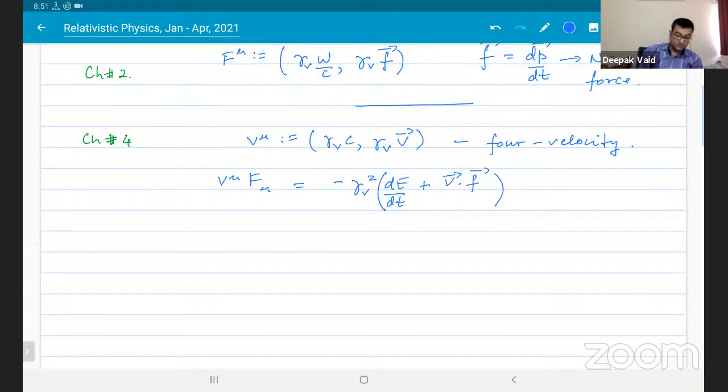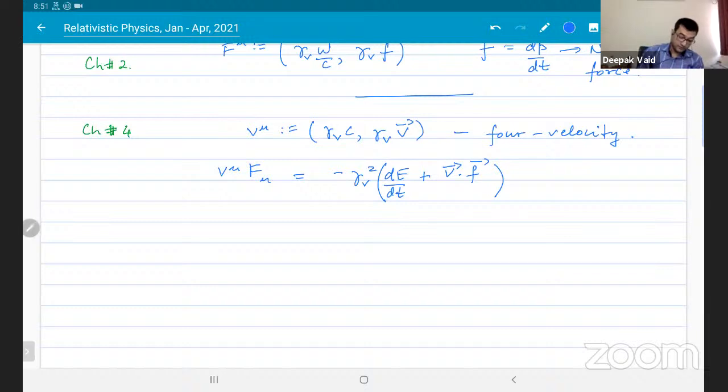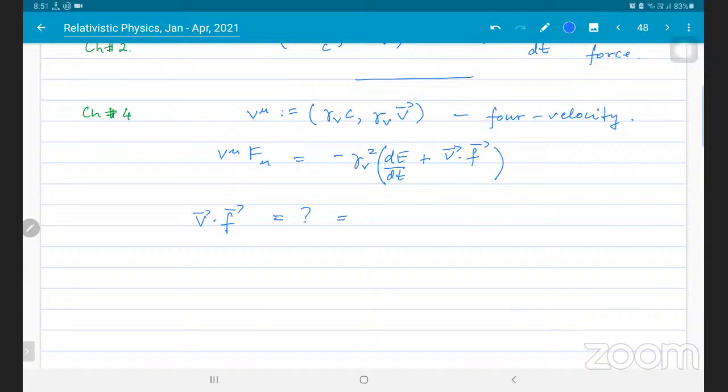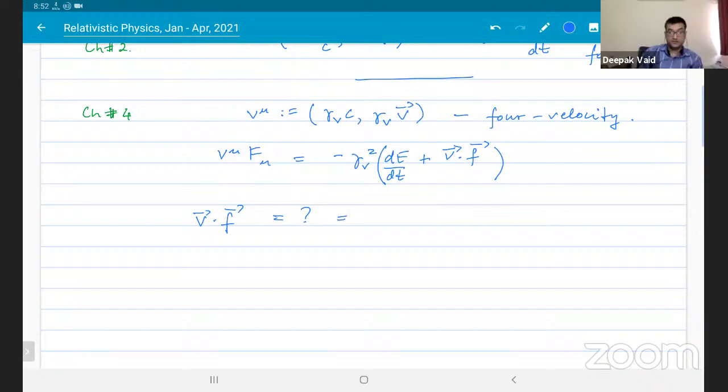Now, what is the vector V dotted with vector F? V is the 3 velocity, and F is the Newtonian force vector. What is this quantity? Do you remember? Anybody? What is the interpretation of this quantity?